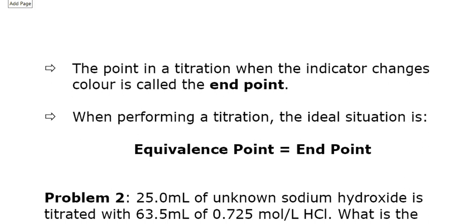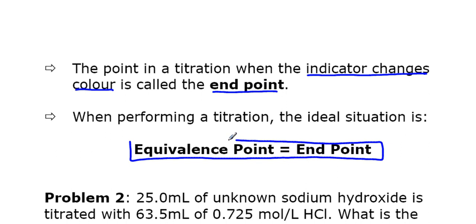In a titration, the point when the indicator changes color is called the end point. When you're doing a titration, what you want to make sure is your equivalence point is as close as possible to that endpoint. So what does that mean?